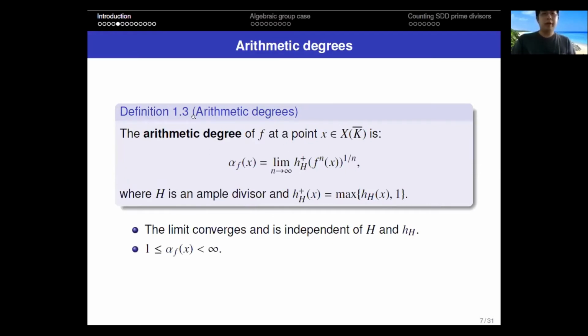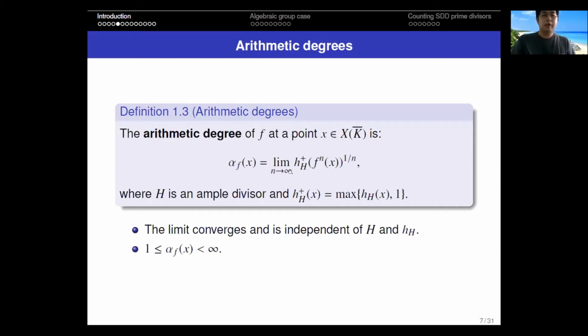So we can define the following arithmetic degree. The arithmetic degree of F at a point x, a rational point of X, is defined by this formula. Here h_H^+ is simply the maximum of h_H and 1. This is just for the convergence of the limit, so not essential.